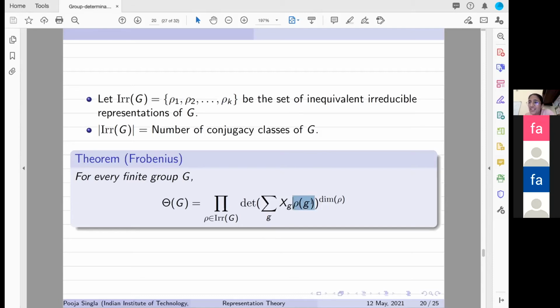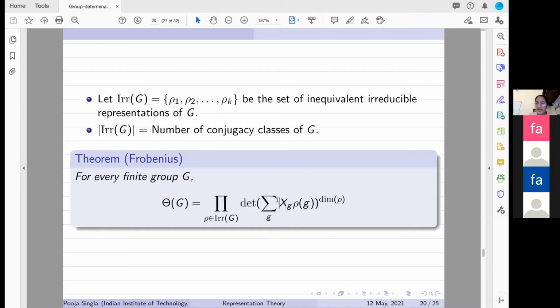Now these rho(g)'s are matrices. These rho(g)'s can be higher dimensional matrices, with g varying over G, and the power is the dimension of rho. Let's look at it once more, to see whether we understand all the terms. The product is over all irreducible representations of G. And then these are determinants, where for each rho you look at this.